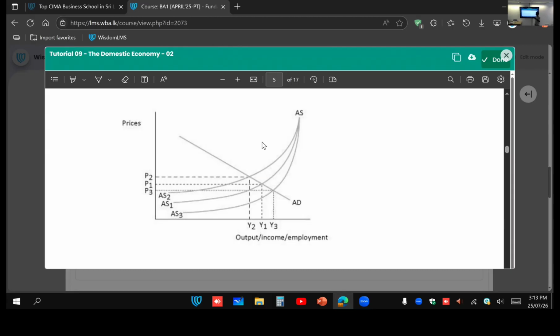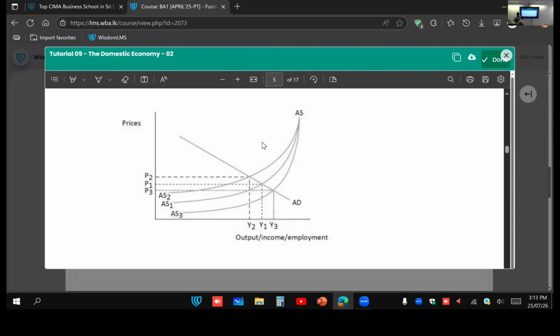Now think about the price factor. What has happened to the price? Y1 to Y2, what has happened? Price has increased. How can you interpret that? Output has fallen, demand remained the same.